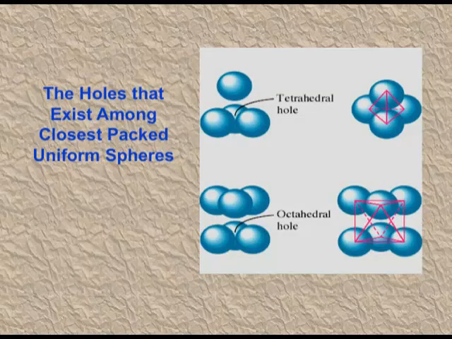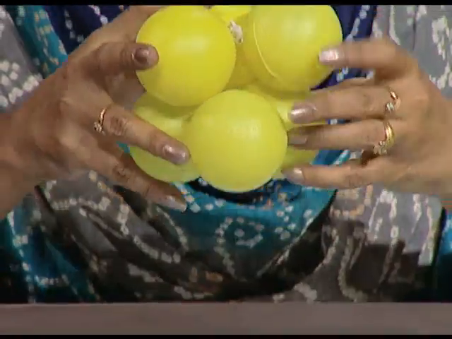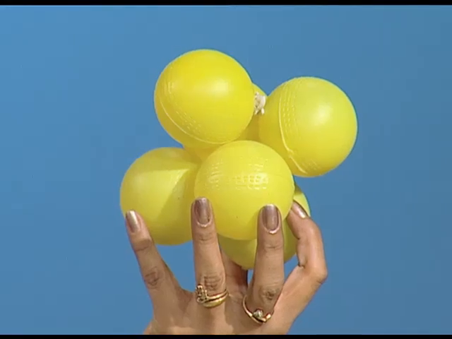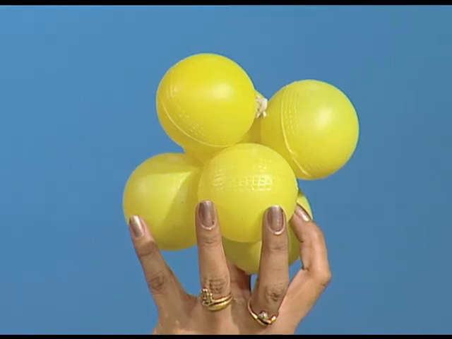Now, the octahedral void, the vacant space between the 6 touching spheres. Now, I am just keeping it this way. The empty space between these 6 touching spheres is known as an octahedral void.